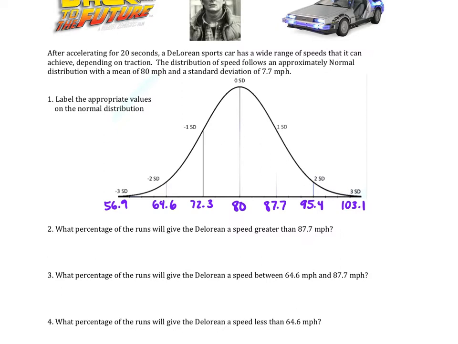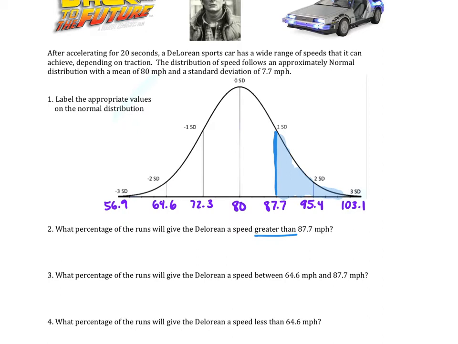Well, what we're looking at is from here, and it says greater than, so we're going to shade everything above. But the nice thing about 87.7 is that it's one standard deviation above. So this is similar to the overflowing cup problem with one standard deviation above.